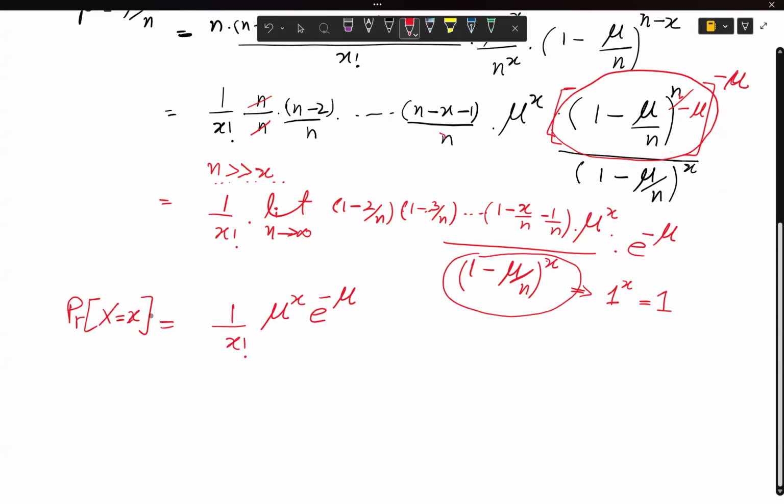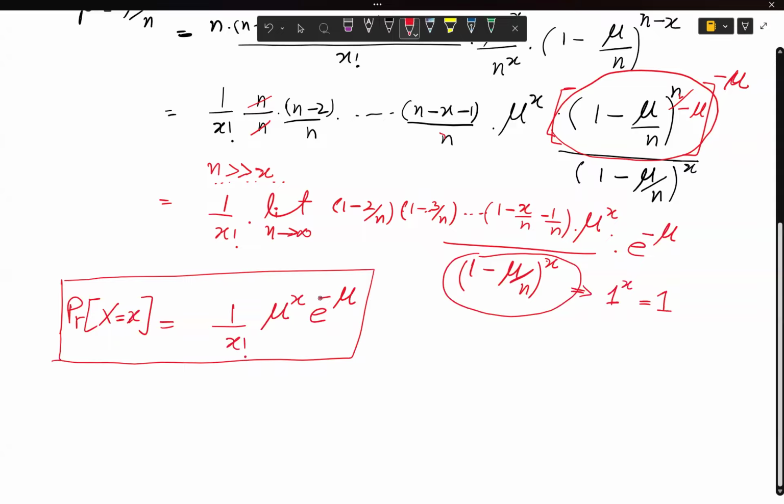So we have found a mathematically simplified expression which is similar to the expression that we obtained in the Poisson distribution, and it is all determined from the value of mu.